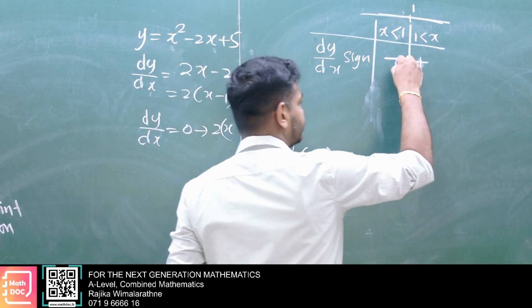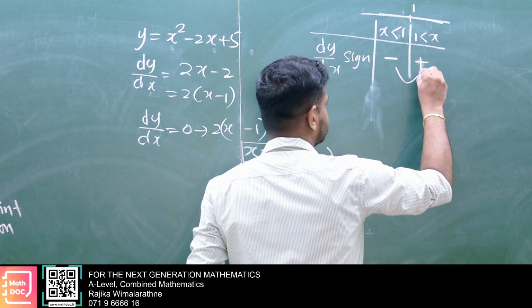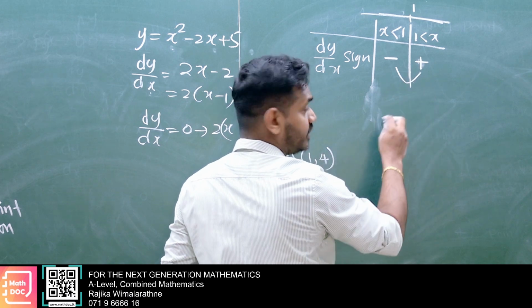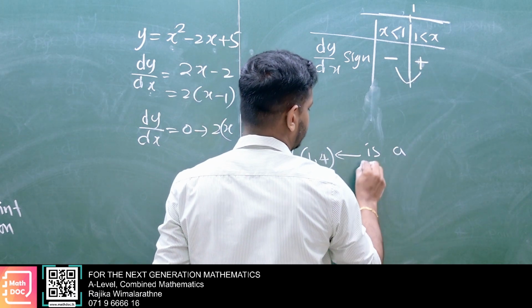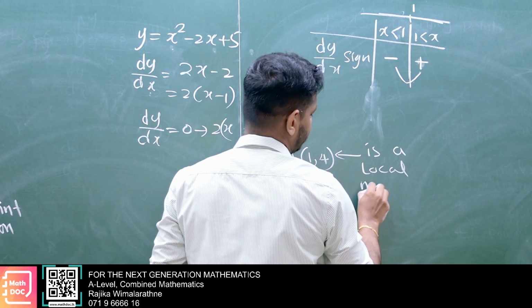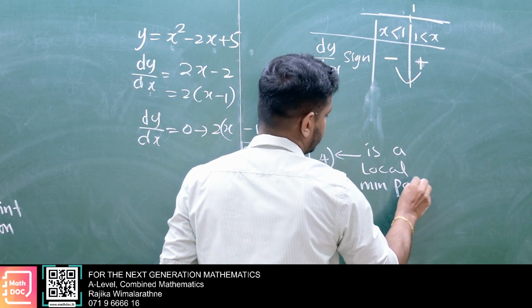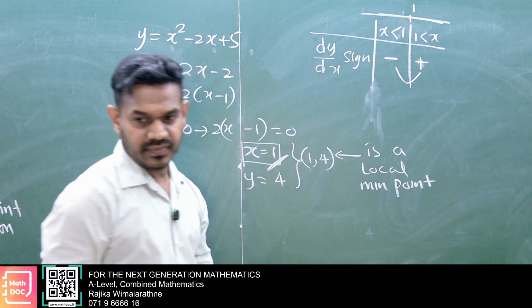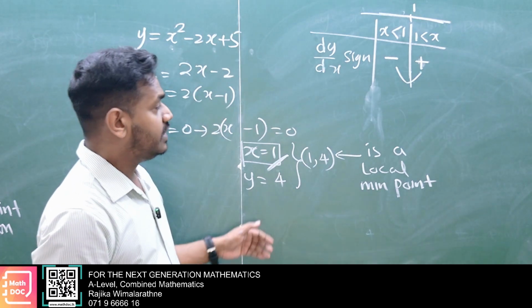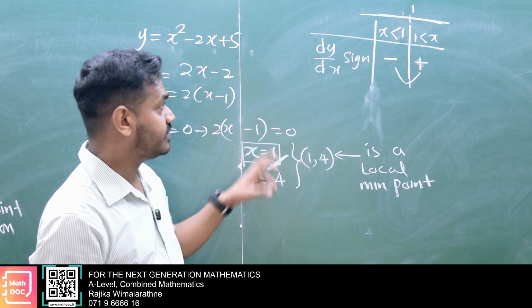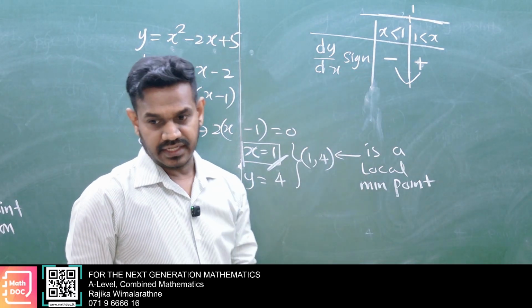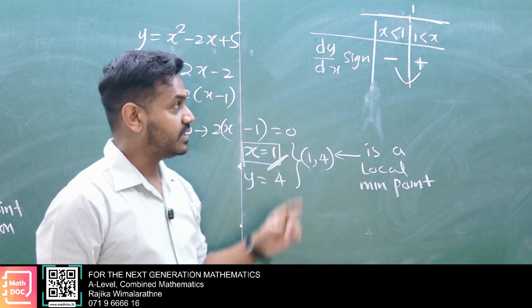Therefore, negative to positive variation you identify as a minimum. Then you say this point 1 comma 4 is a local minimum point. That's how we identify. You know these things now, you can get this result. Thereafter you check the sign about that point. Okay, do it.